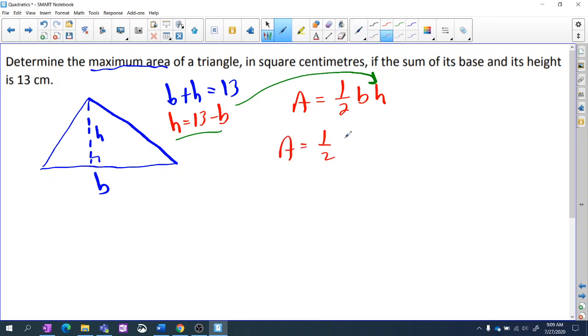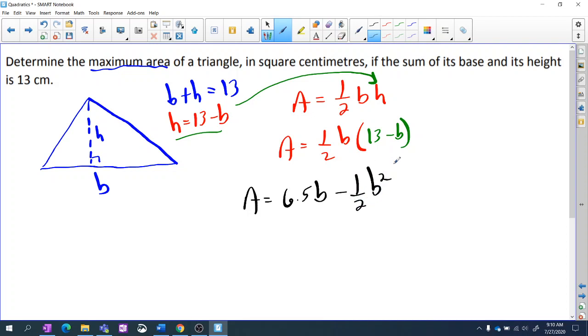Area is 1/2 the base, and instead of height, we put 13 minus b in its place. Well, let's expand this out and see what we end up with. So area equals half of 13, so 6.5 b, and then minus 1/2 b squared.